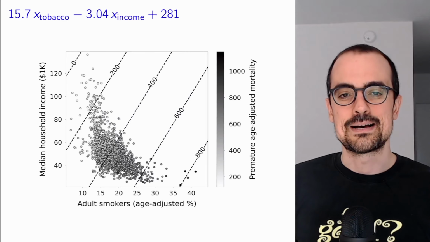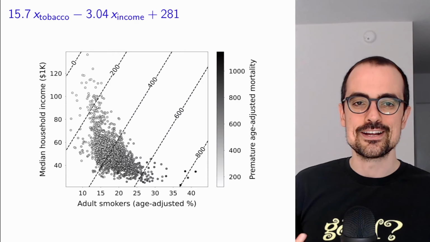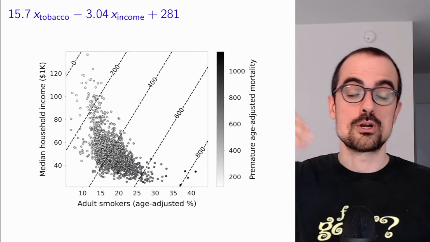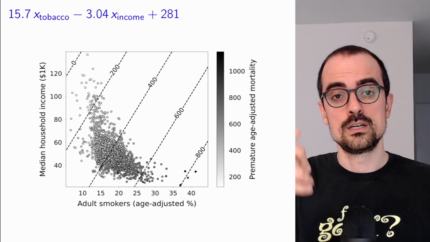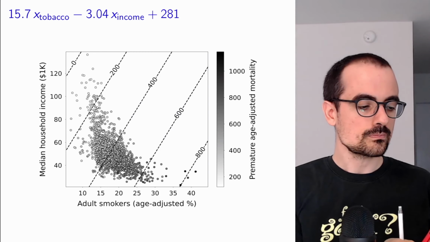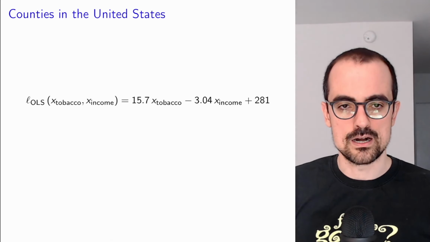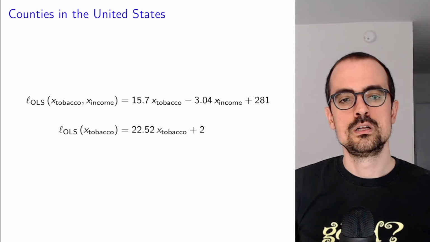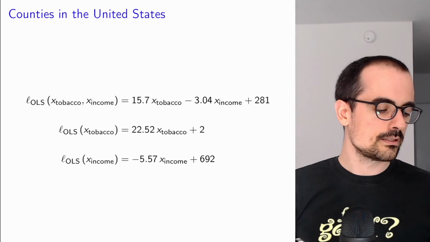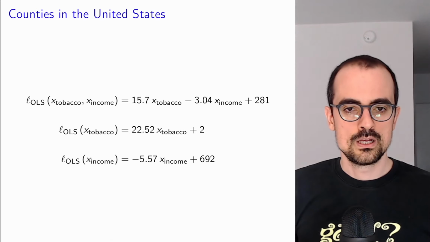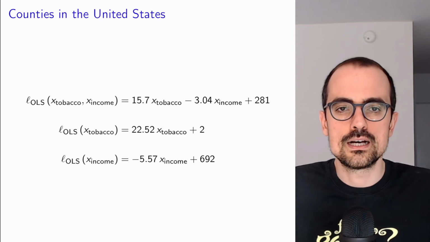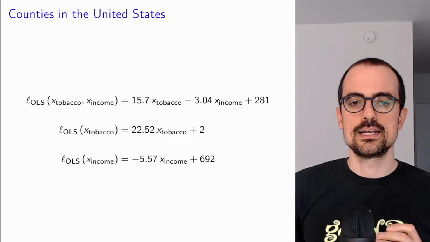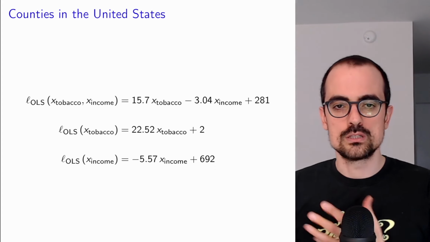Okay, so now let's apply this to our linear model that estimates premature mortality from smoking and income. We're going to use it to compare this linear model with two other linear models, one that only uses smoking and another one that only uses income. This is commonly done to quantify to what extent a variable is important within the model.